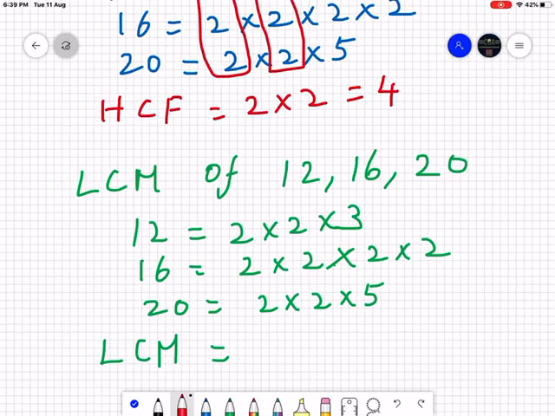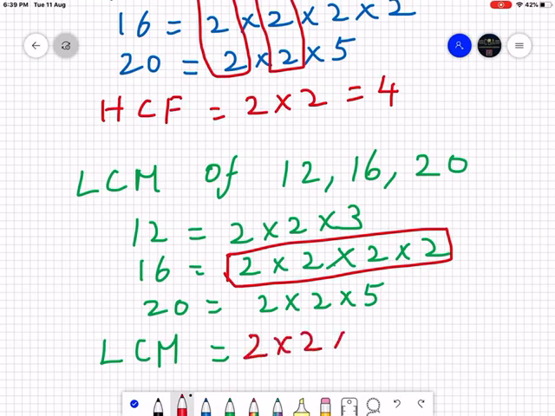But look at the occurrence of it the maximum number of times. How many times does it occur? Maximum, in 16 it comes 4 times. So we'll have to take 2 four times here, because it comes 4 times in one of the numbers. So we write 2 into 2 into 2 into 2.